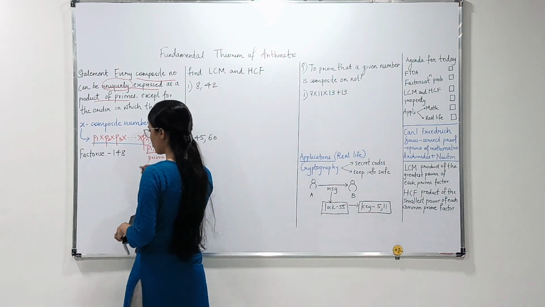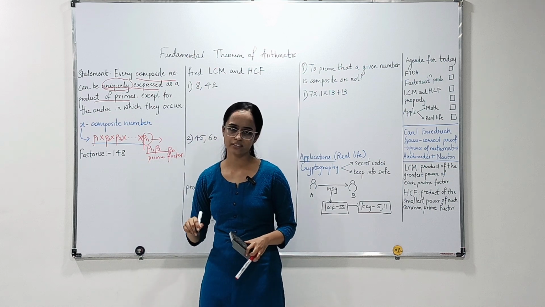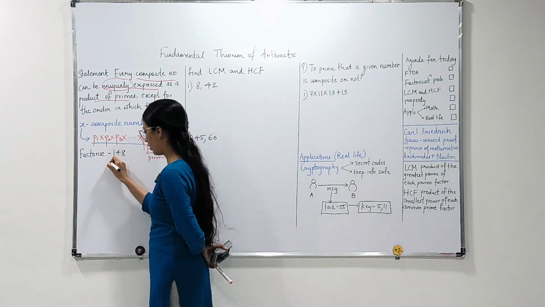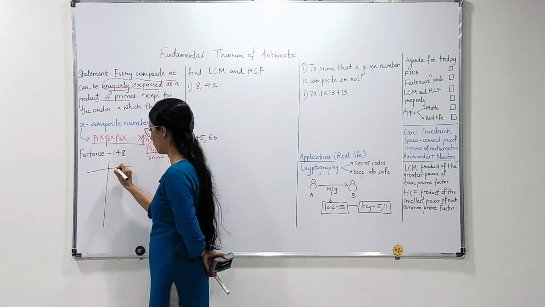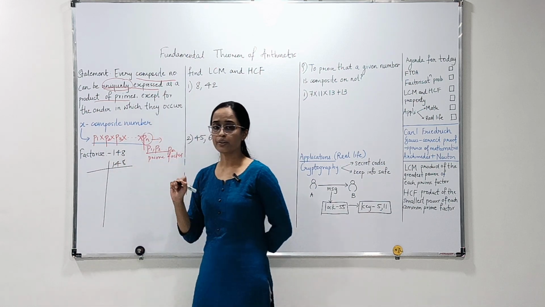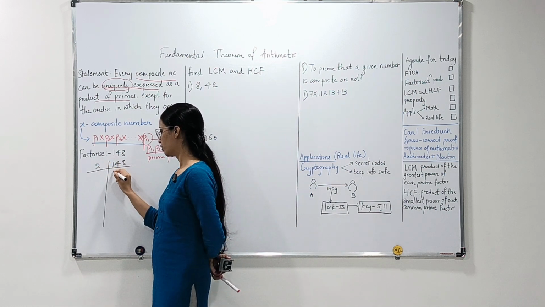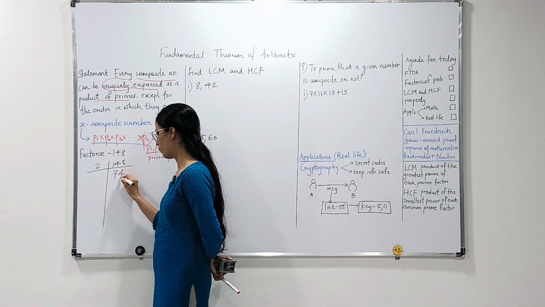So we have 148 as the number with us, and the question says factorize this number. So of course I'll be using the normal method for factorization. 148, we know that we have to find the prime factors, so we are going to start with 2. So this becomes 74.